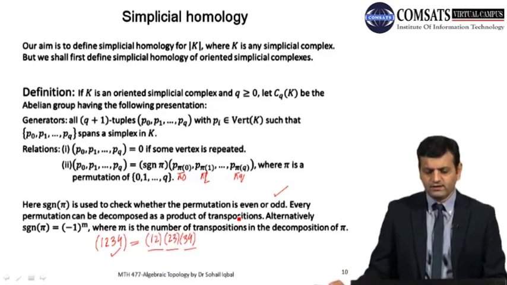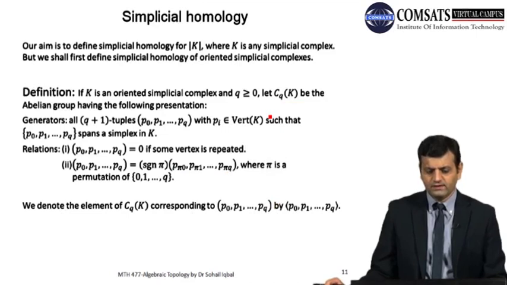Similarly, we can calculate the evenness or oddness of other permutations as well. So that's how we define this C_q(K). It has the following generators and the following relations.